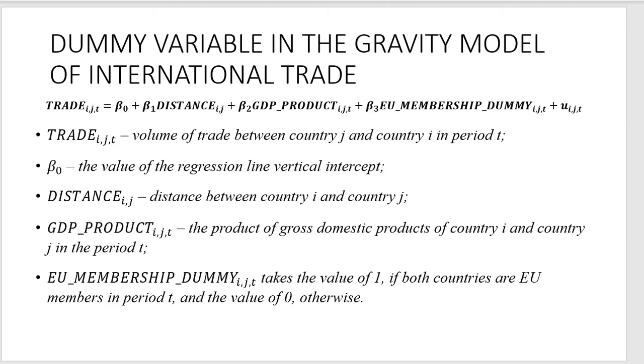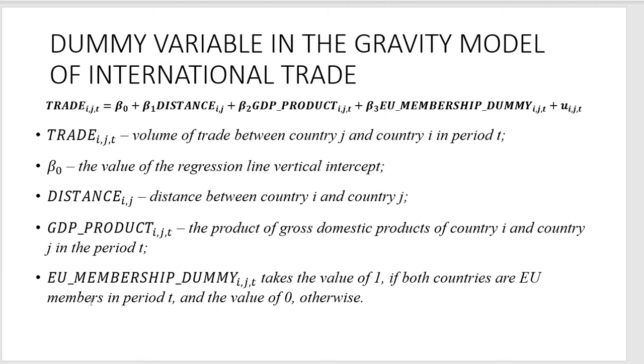Distance is simply the geographical distance between country I and country J. GDP product was calculated as the product of GDPs of country I and J in period T. And finally, the EU membership dummy takes the value of 1 if both countries are European Union member states in period T and the value of 0 otherwise.